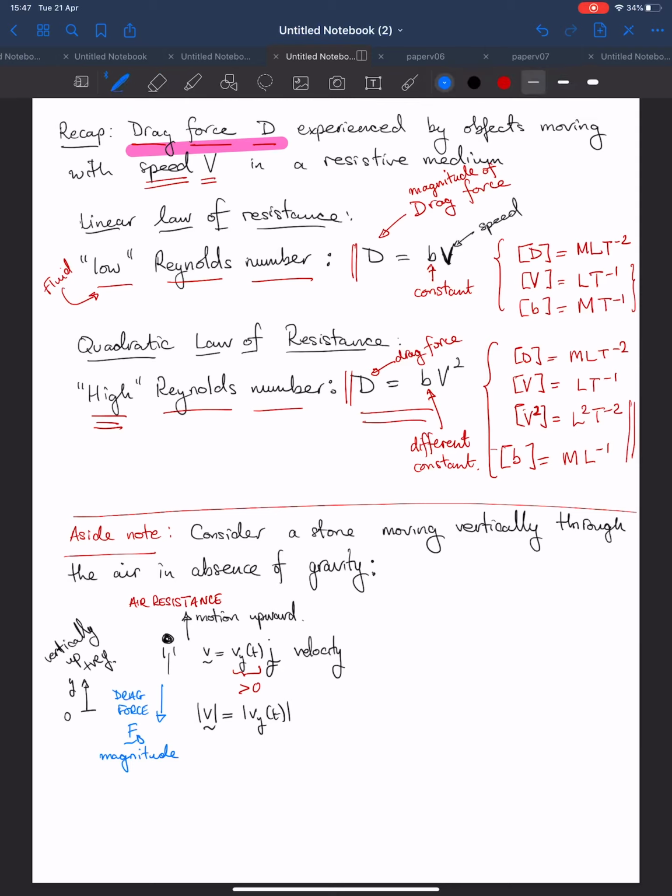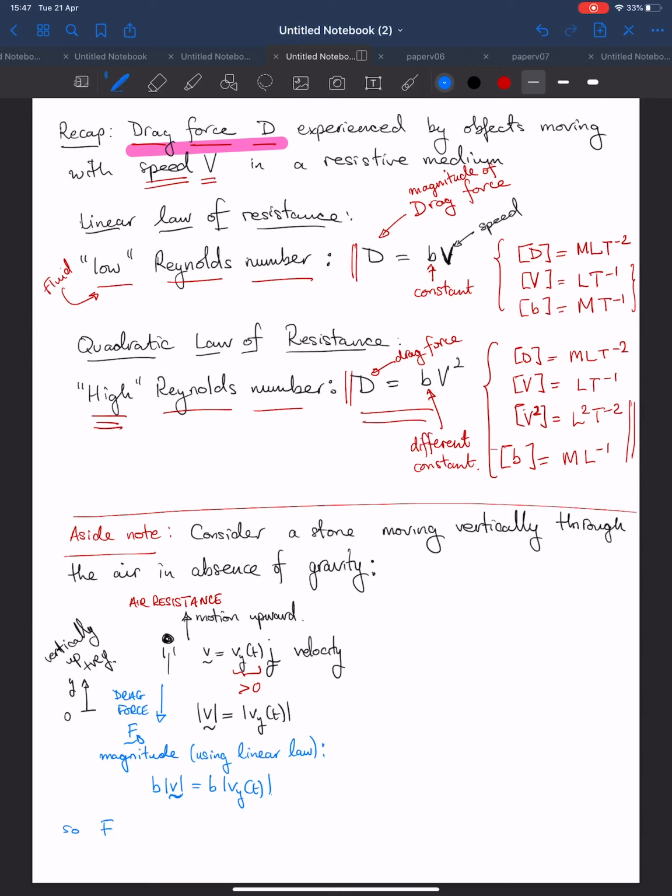We know that this has the magnitude, using the linear law for instance, b times the absolute value of our vector v, which is b times the modulus of v_y of t. Knowing this, I can now construct the vector F_d, which acts in the negative y direction.